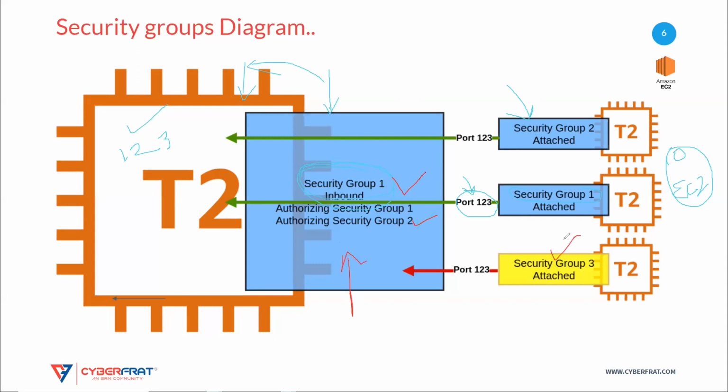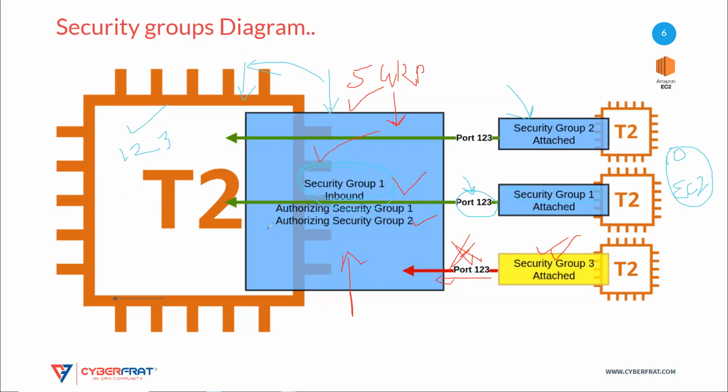So on port 123, these connections would be dropped, because in this security group I have not mentioned to allow connections from security group 3. That is why the connection would be dropped, or it will not have access to port 123 on this security group.